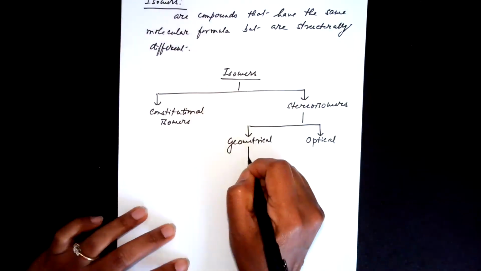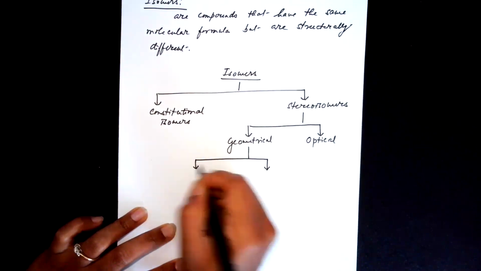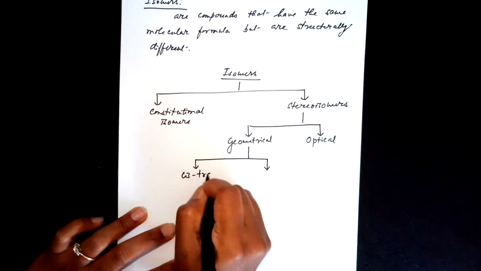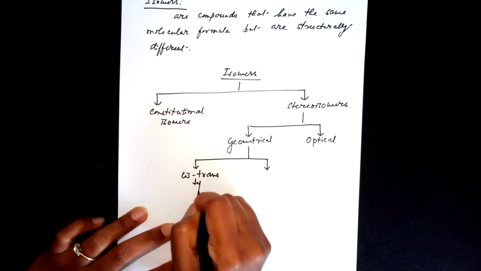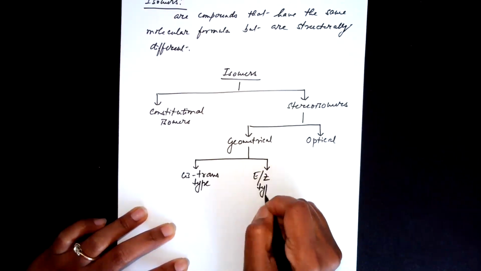Geometrical isomers, we would learn two types of geometrical isomers, the cis-trans type and the E and Z type.